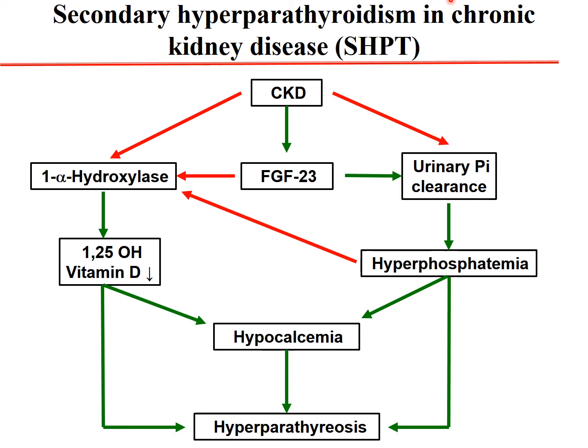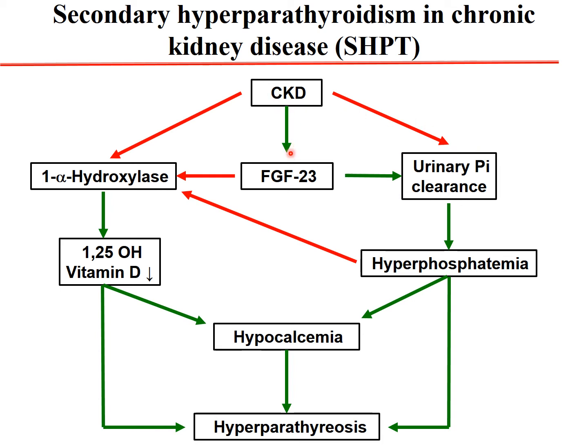Now, let's look at the mechanism of secondary hyperparathyroidism in chronic kidney diseases, because this is the most common cause of secondary hyperparathyroidism. In chronic kidney diseases, when the nephron number is decreased, the mass of the tissue decreases, which will cause a decrease of the 1-hydroxylase activity and a decrease of the urinary phosphate excretion.